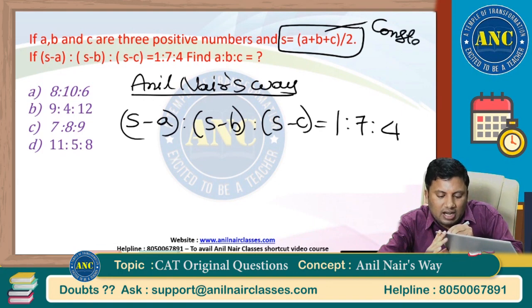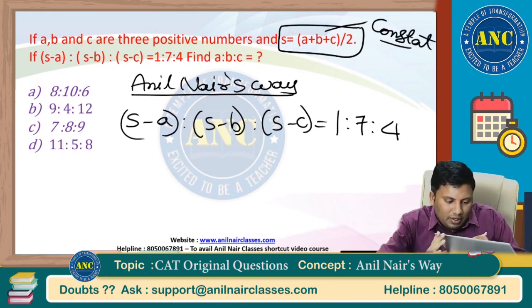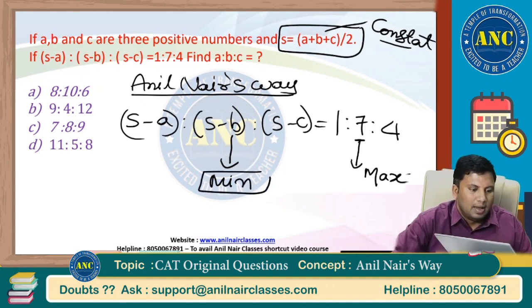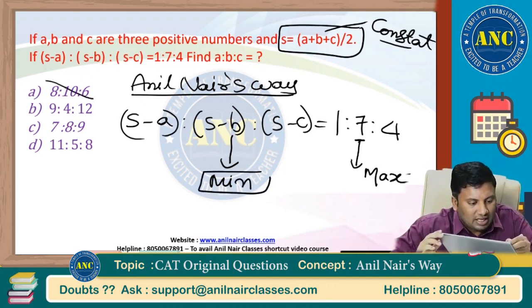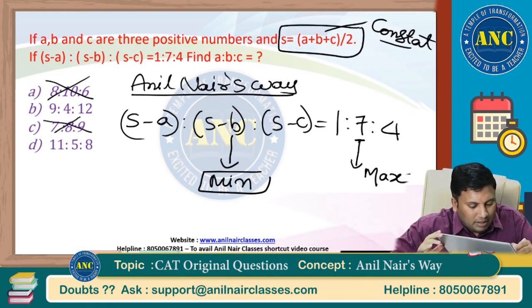B is 7, which is the maximum. B has a minus sign before it, so B should be minimum in the series. You don't need to find the values.